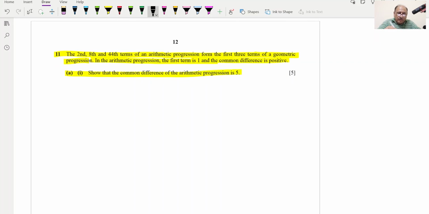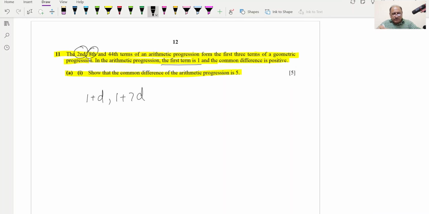So we will write the first term, second term. The first term is 1, and the second term will be 1 plus d, and the eighth term will be 1 plus 7d.